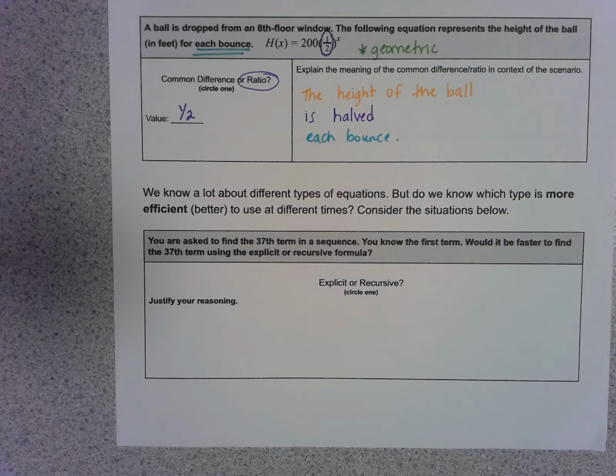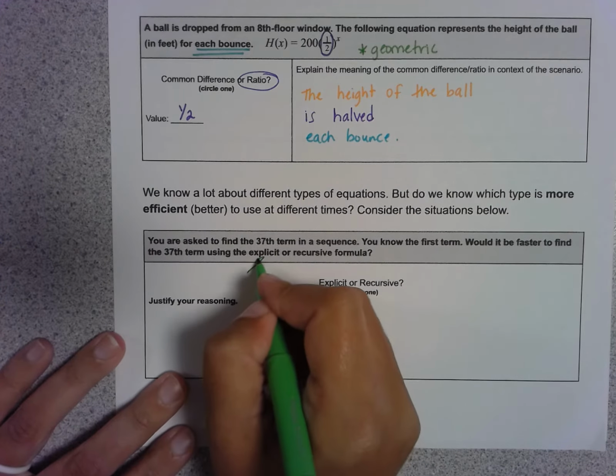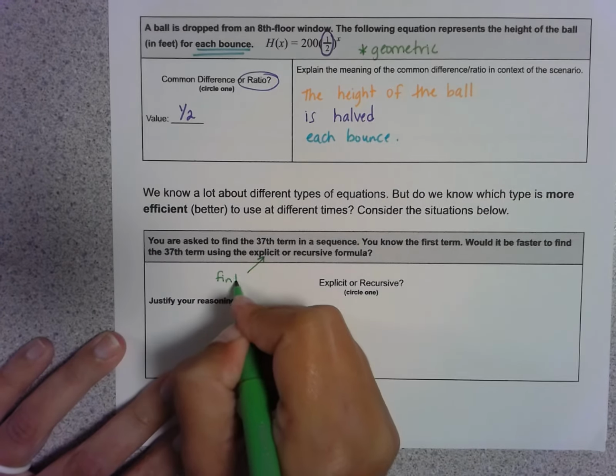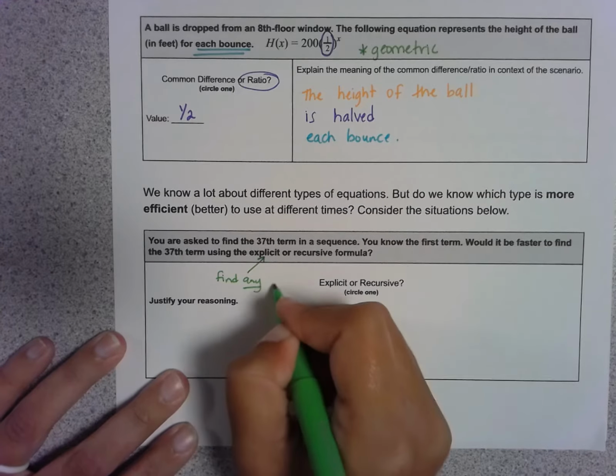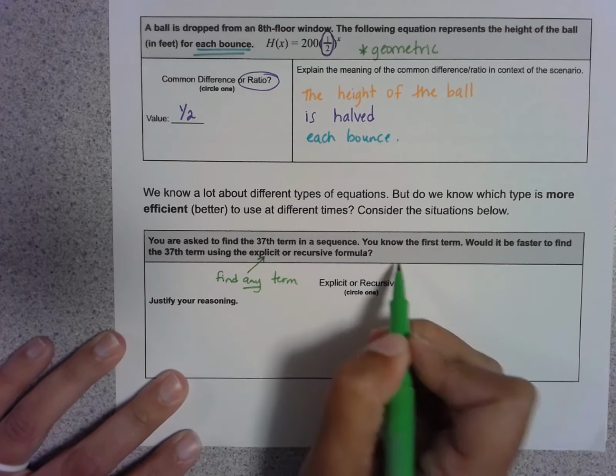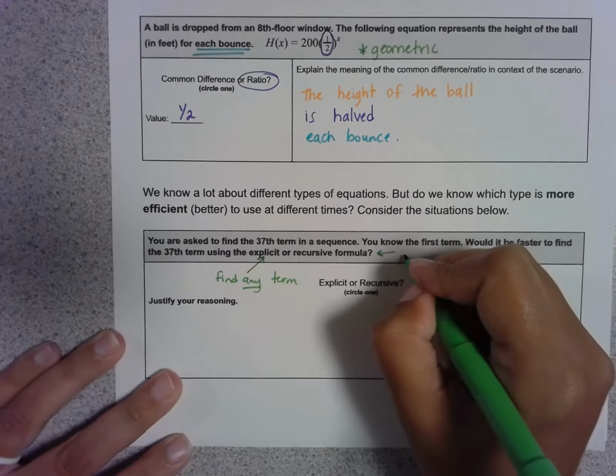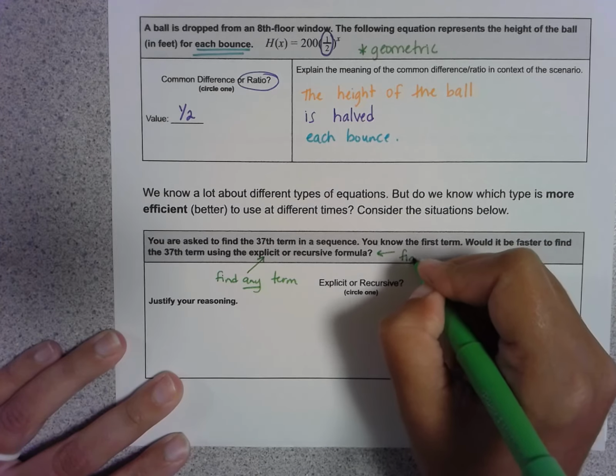Would it be faster to find term number 37 using explicit or recursive? Well, let's think about the options here. For explicit, we can find any term. But for recursive, we can only find the next term.